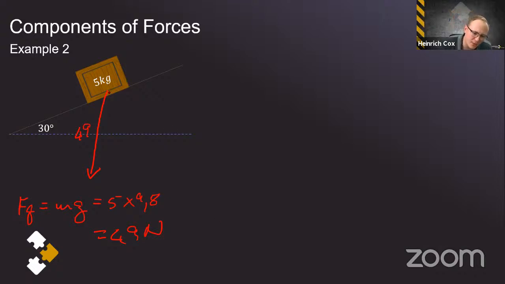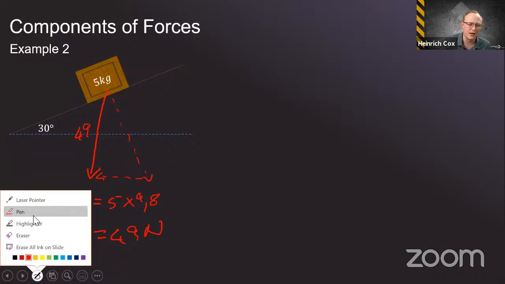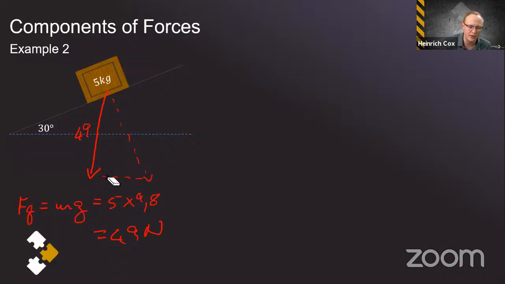Okay, so a common mistake here is that people like to draw this vector diagram like this. And the issue with this vector diagram that I've drawn here is that 49 is not the hypotenuse. If you look, you'll see that 49 isn't the longest side in that triangle. And so it can't be the hypotenuse, so we wouldn't really be finding the perpendicular and parallel components.